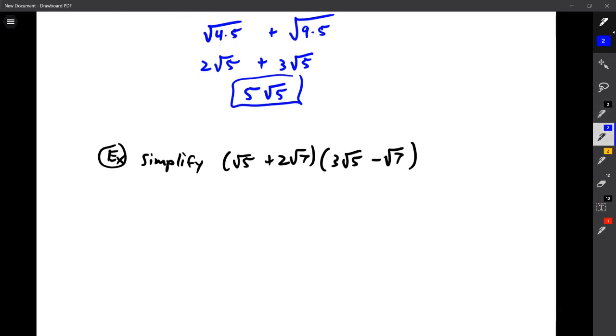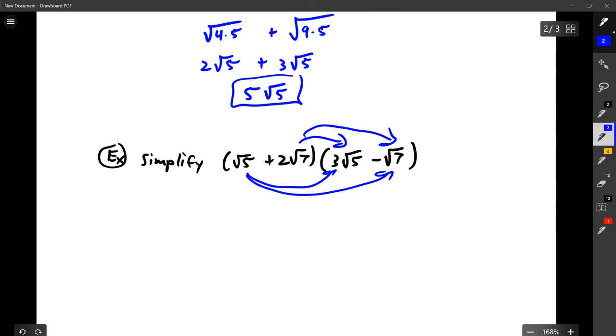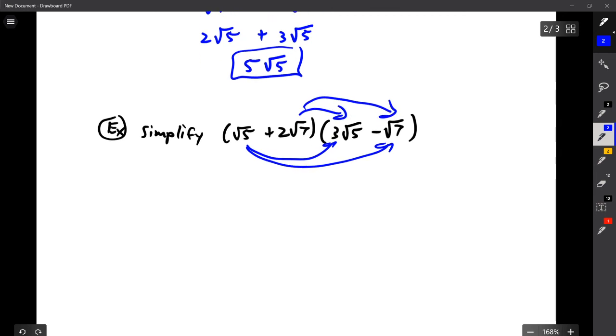I'm going to take this root 5 and multiply it by that, and then by that, and then take this 2 root 7, multiply it by that, and then by that. So I have root 5 times 3 root 5, and then minus root 5 times root 7.